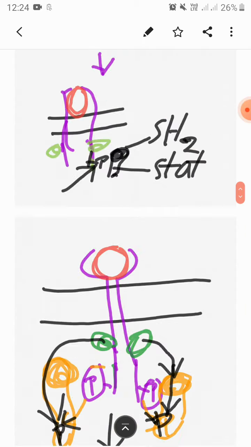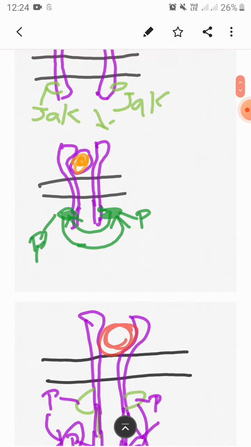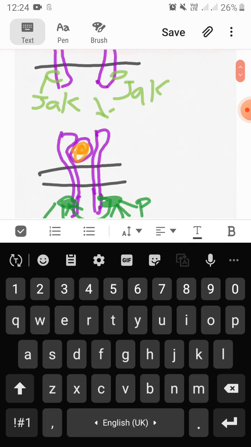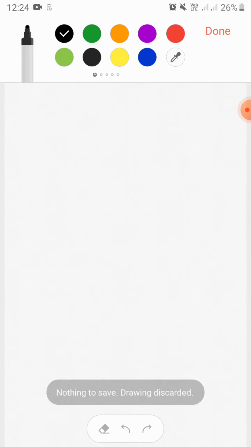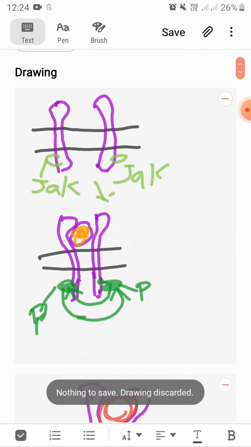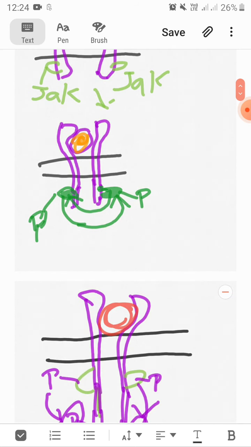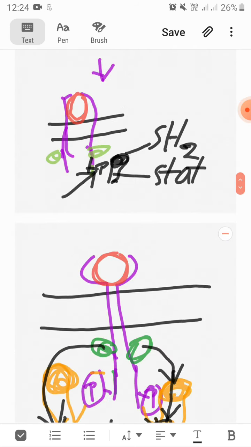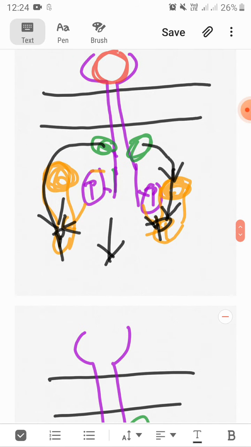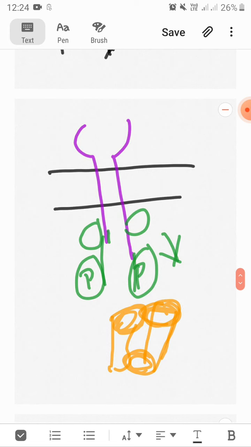Here, for example, this yellow one, if you consider it as the hormone prolactin, it will activate the STAT called STAT5, and actually induce the gene which produces breast milk.